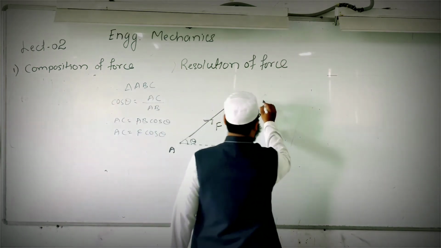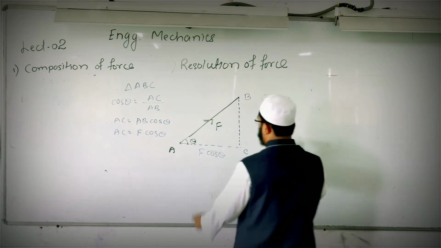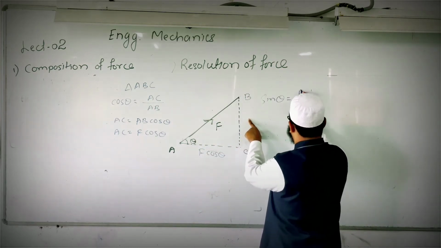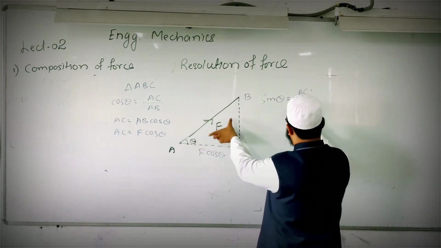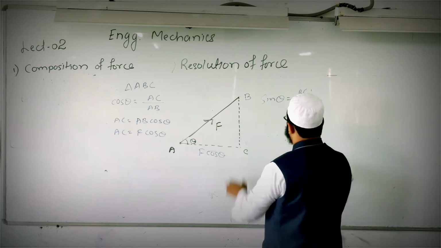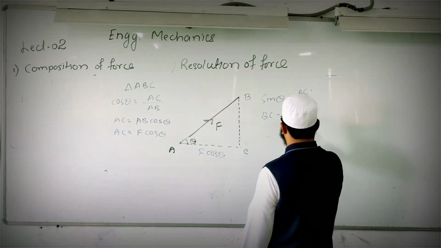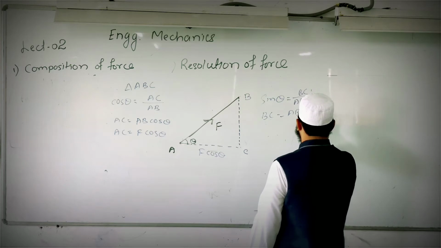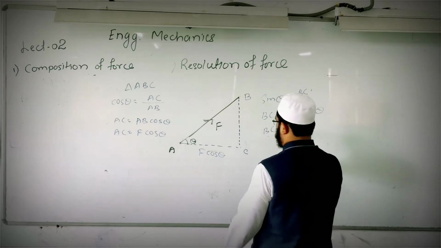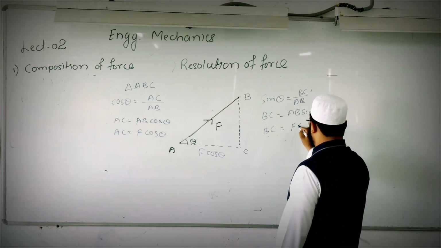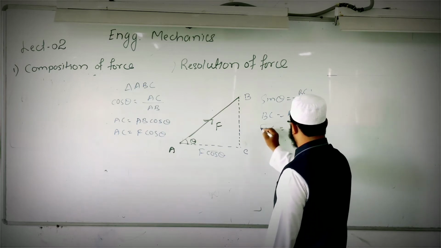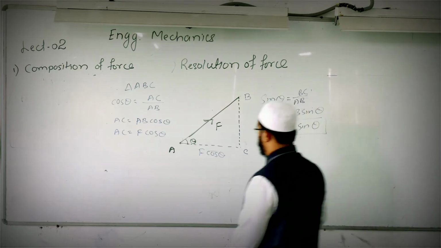Similarly, if you apply sin theta equal to opposite BC upon AB, therefore BC equal to AB sin theta, and AB is F. Therefore, BC equal to F sin theta.